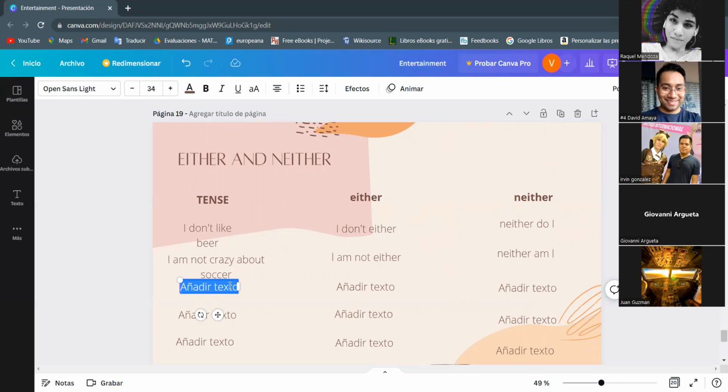I did not clean my house yesterday. Good, that's a good example. So keep in mind that we're talking about the past tense. What's the auxiliary for the past tense?